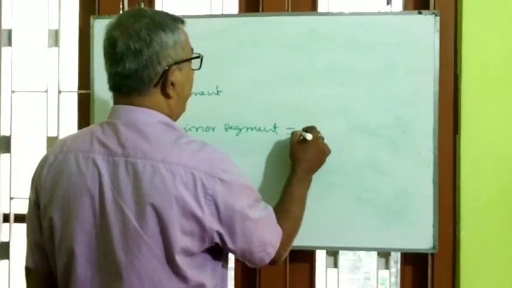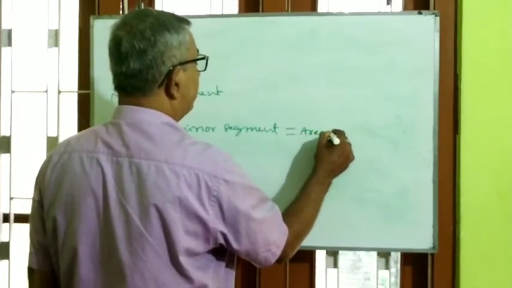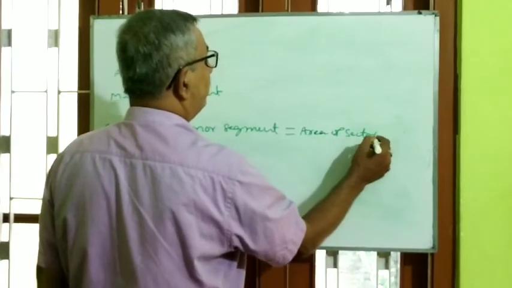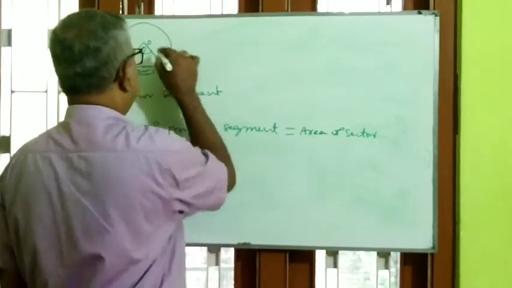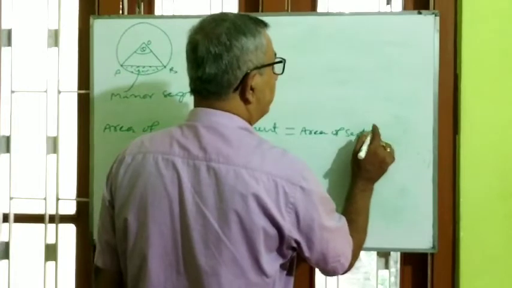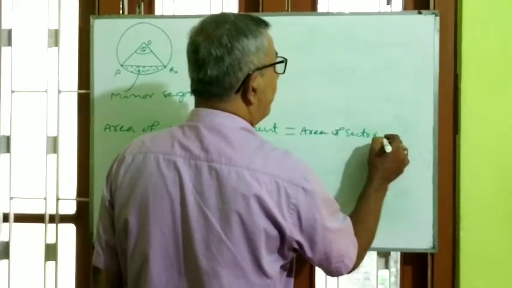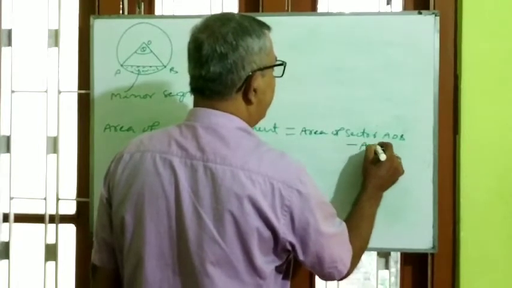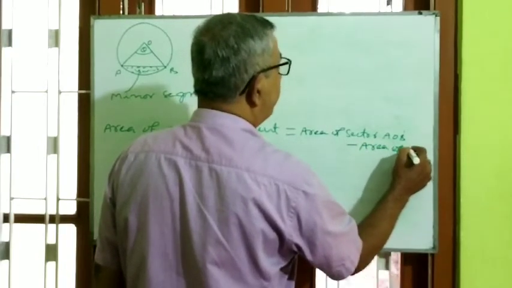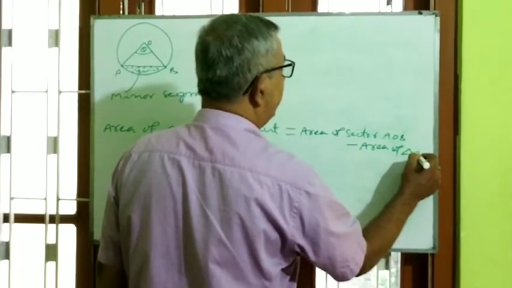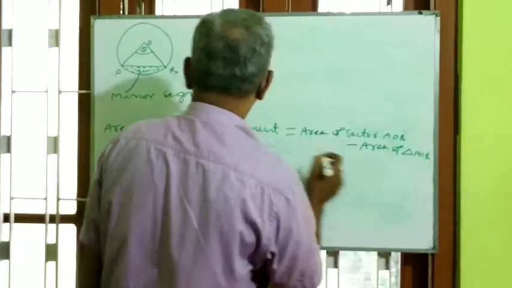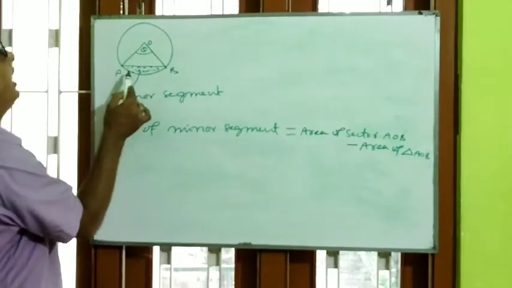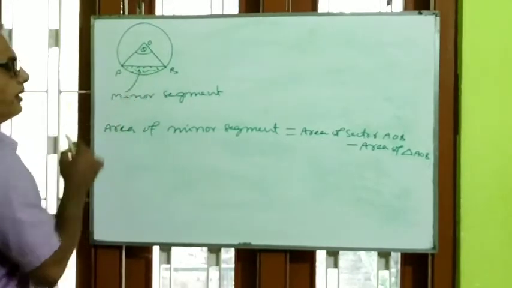So area of sector AOB minus area of triangle AOB. Triangle AOB means this triangle. And this is the segment.